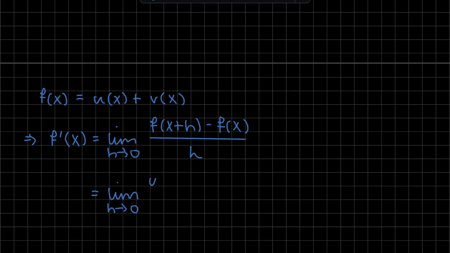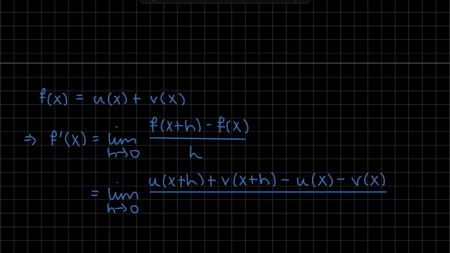So that would be u of x plus h plus v of x plus h. And we still have to subtract u of x as well as v of x and divide everything by h.